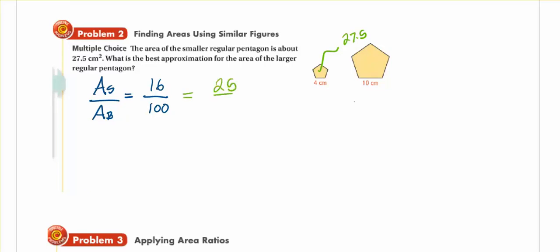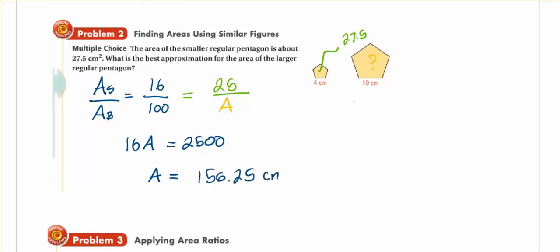We'll set up a ratio over, and then the bigger pentagon, we don't know what the area is, so we'll just call it A for area. So we go ahead and cross multiply. 16A is equal to 2500, and you should get that the area is approximately equal to 156.25 square centimeters. And again, that's just an estimate.